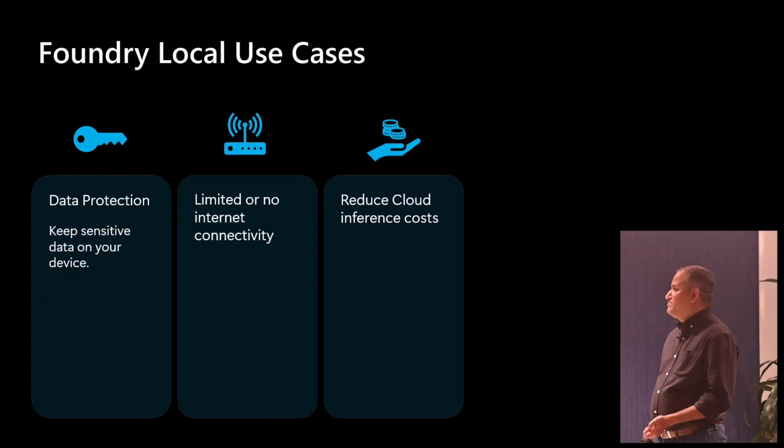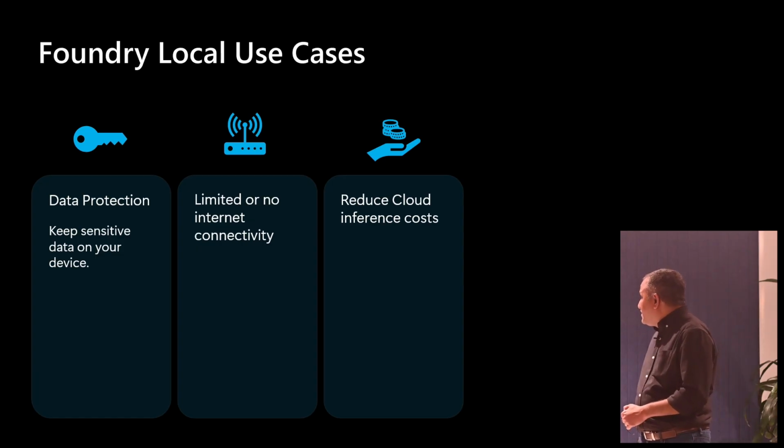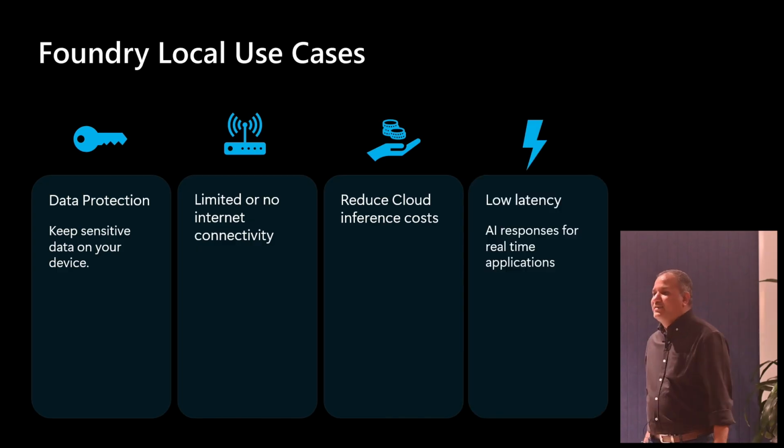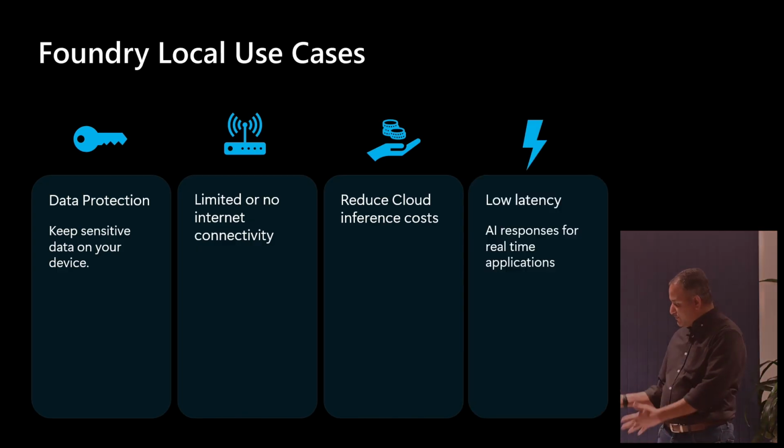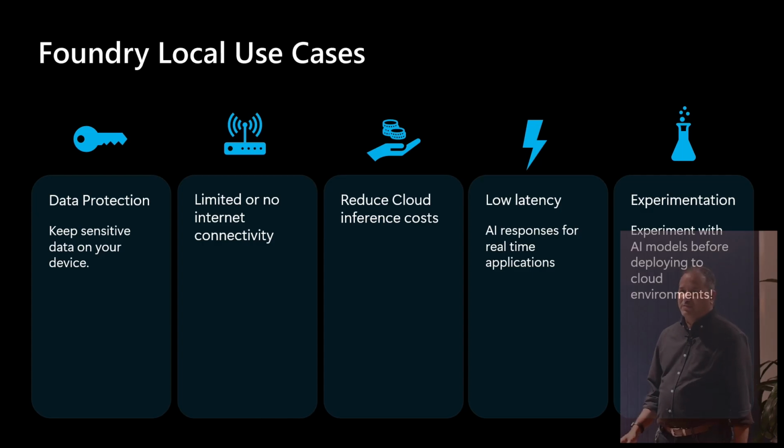To reduce the cloud inference cost, if you are doing a POC or you want to experiment with the models, you don't have to spend money on any of the cloud providers. Low latency is another use case, and obviously experimentation. If you want to experiment with different versions of the model, for example, that's another use case.